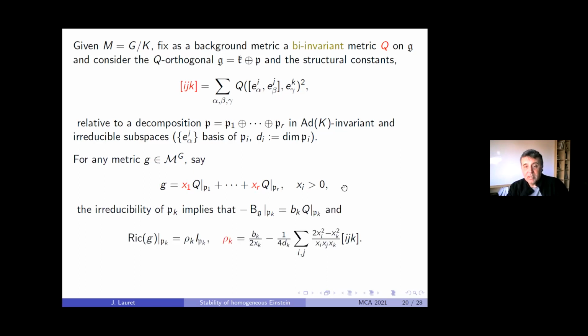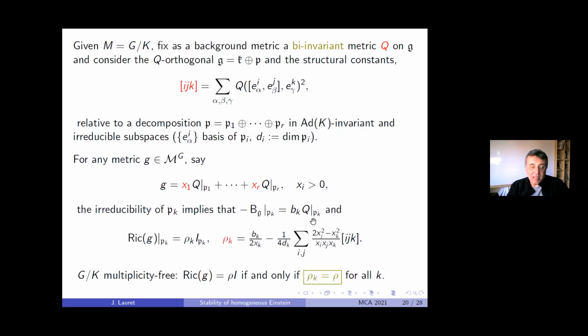And this is just to show that the Einstein equation for a G invariant metric, which will be this, that all the Ricci eigenvalues be equal to rho, is in terms of these structural constants and the metric x1, xr.